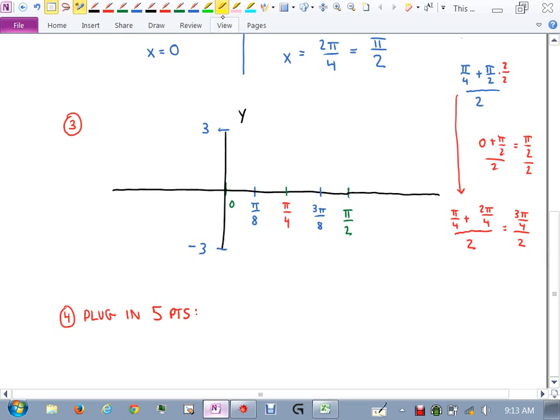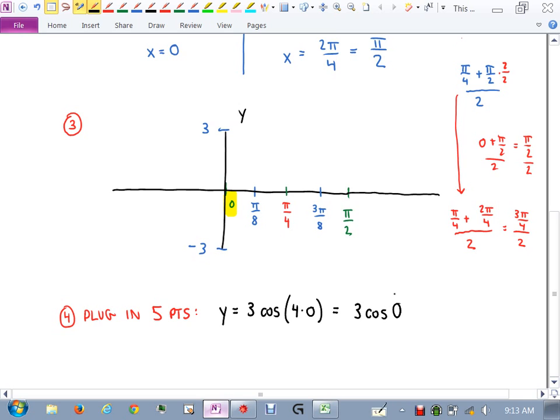So let me start with 0. When I plug in 0 to the original curve, I get y equals 3 times cosine of 4 times, we're plugging in 0. What's 4 times 0? 0, so 3 cosine of 0. And now we go back to the unit circle. What is cosine of 0?